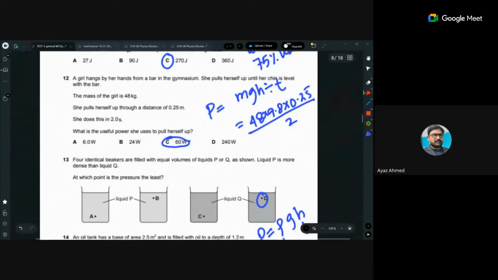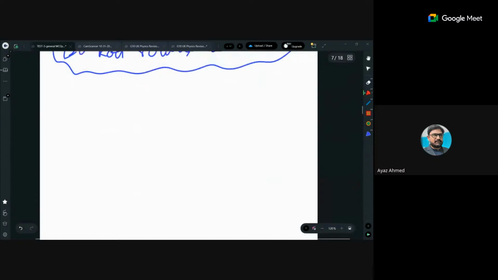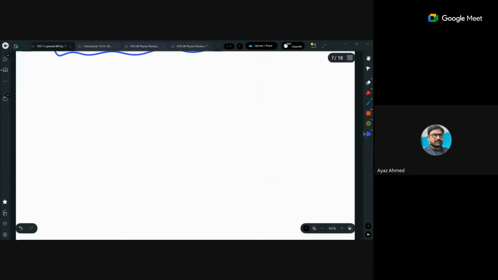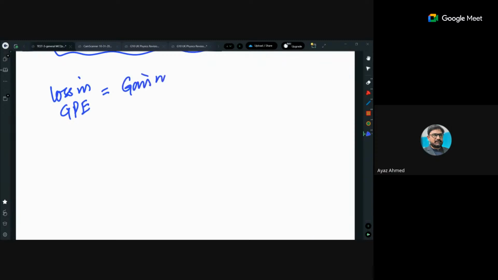For these types of questions, I will try to solve it here for you. The loss in GPE is equal to the gain in KE plus the wasted energy.